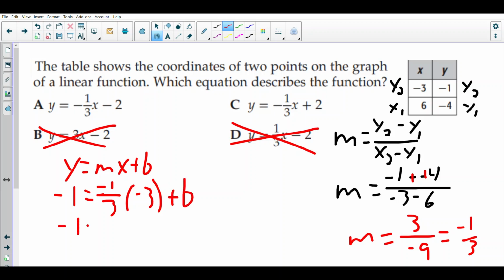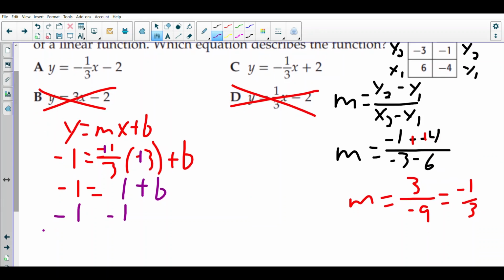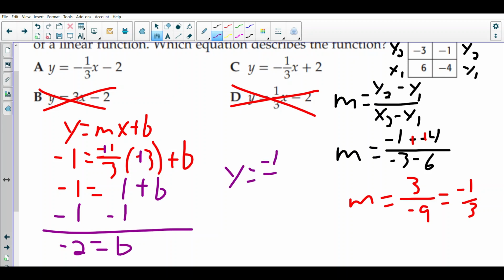So we get -1 equals negative times negative, double negative, goes positive, so I just get 1/3 times 3, which is just 1. So I get 1 plus b, subtract 1. We end up with negative 2 equals b. When we substitute in, we end up with y equals negative 1/3 x minus 2. So our answer is A.